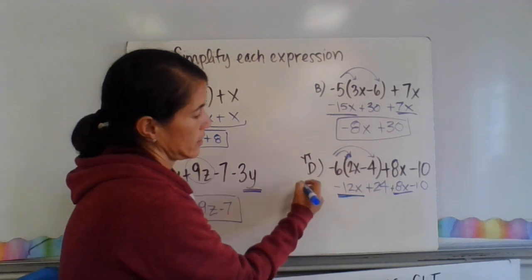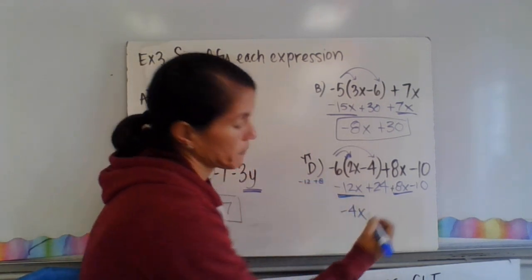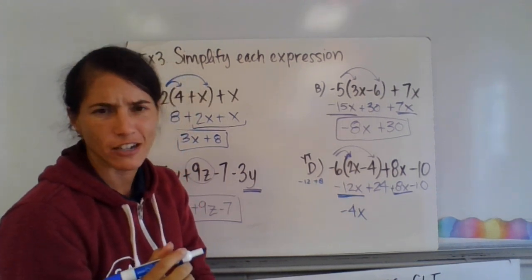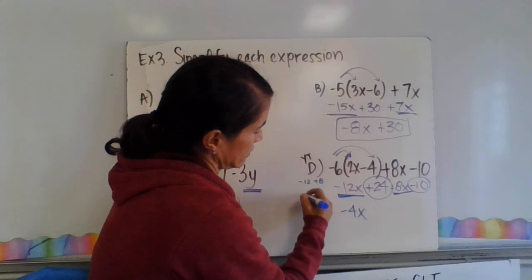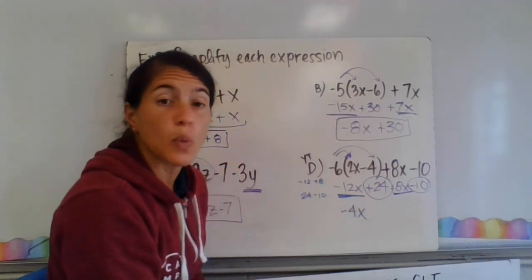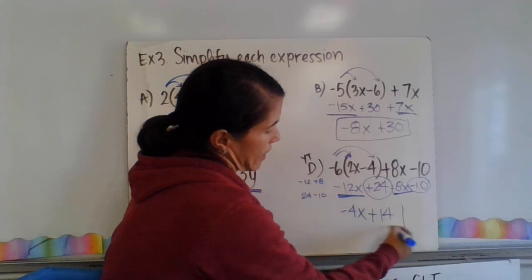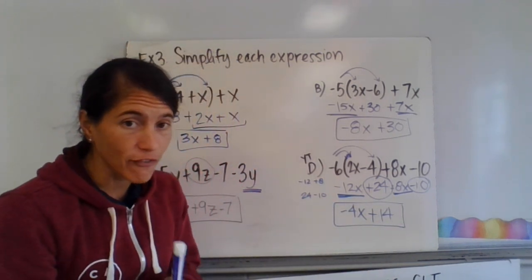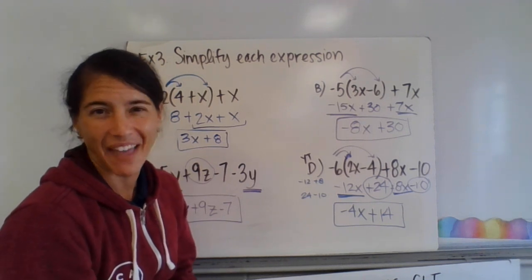Negative 12 and 8 would be negative 4x. And if it helps you, just write it down on the side. Then I have 24 and negative 10. 24 and negative 10 is 14. And I cannot go any further because those are not like terms. All right, I hope you got that one correct.